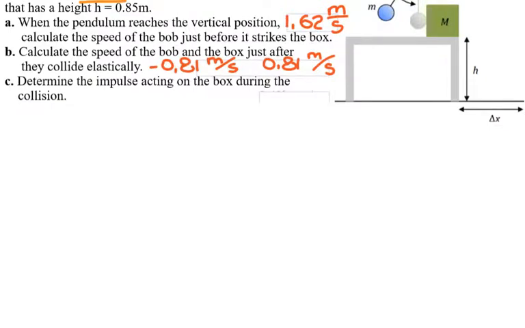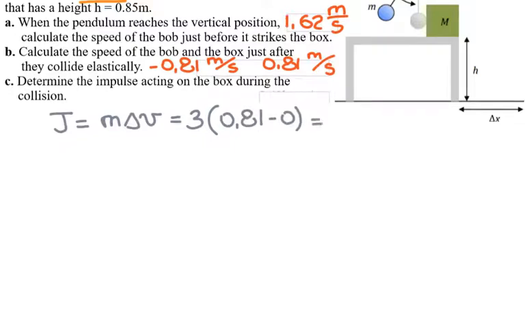For part C, they ask you to determine the impulse on the box during the collision, and the impulse is equal to the mass of the block times the change of its velocity. The mass of the block is 3 kilograms, its final velocity is 0.81, and its initial velocity is 0.